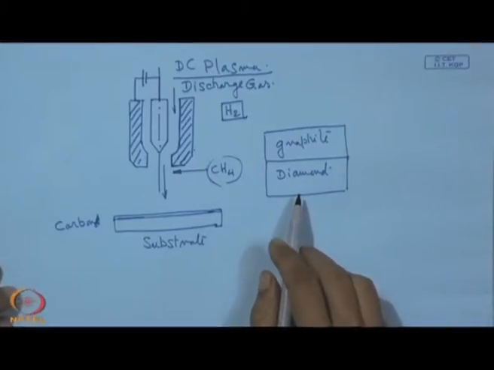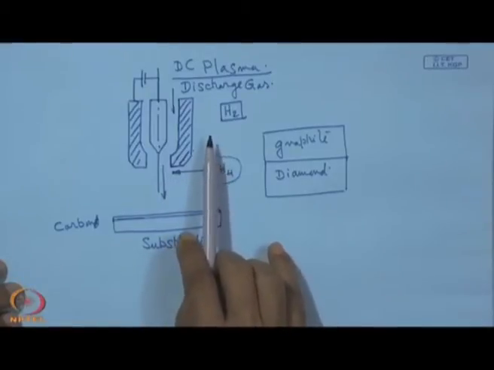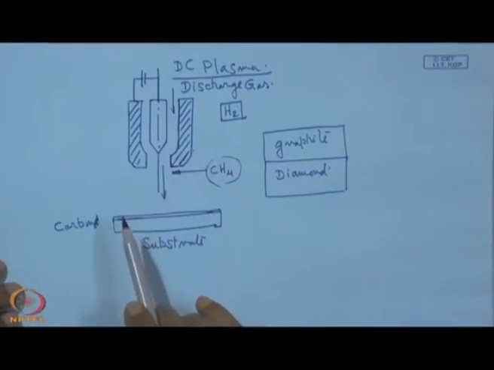So, diamond will be retained there in much more quantity compared to graphite. So, the whole idea is that if there is any graphite formed, that should be removed by this chemical etching with the help of hydrogen, and this way we can also use this DC plasma discharge for deposition of diamond.